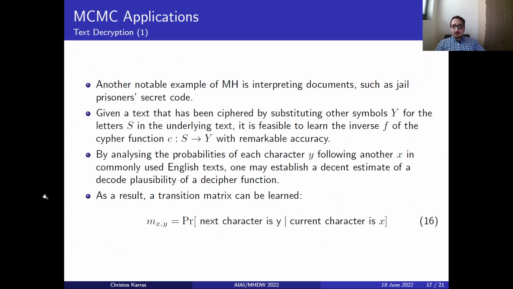Another application of MCMC methods is the method by which people interpret documents, such as a jail prisoner's secret code, by decrypting the code utilizing the Metropolis-Hastings algorithm.